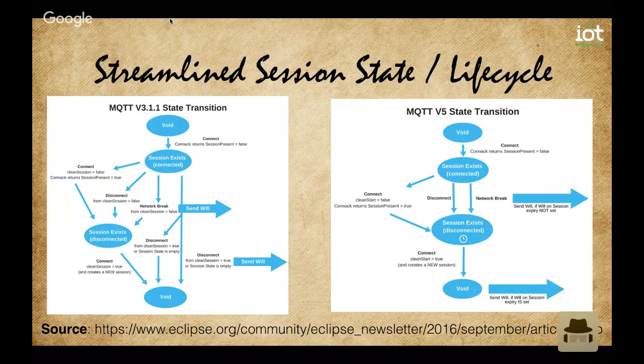This is just for the implementers of the client and the broker. If you're interested, you can click the link or go to the Eclipse community newsletter from September 2016 and read about the state transitions which changed.